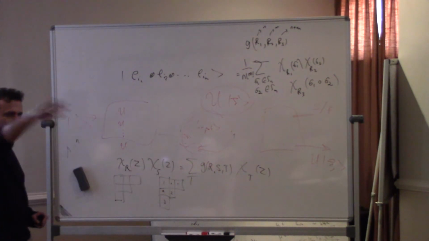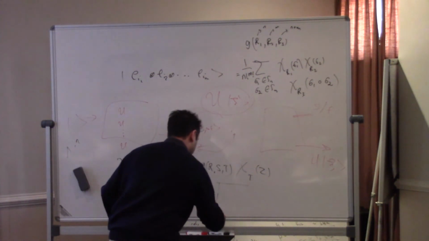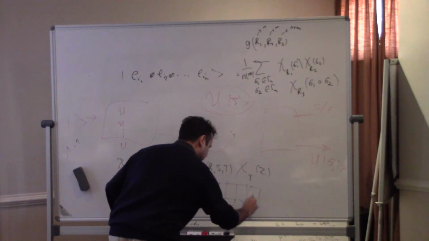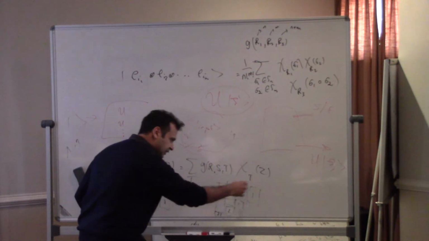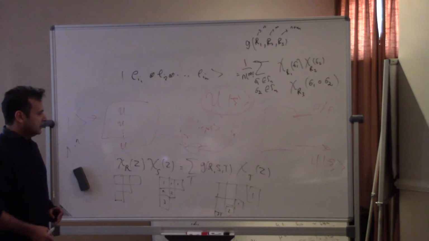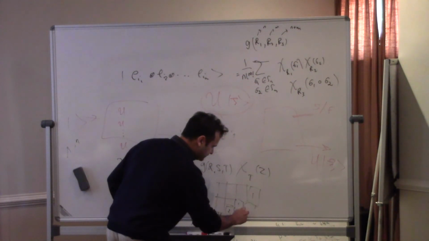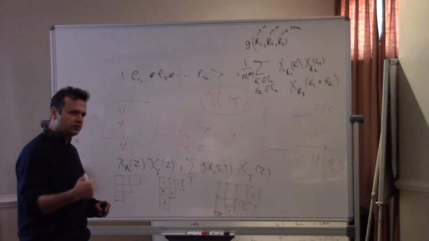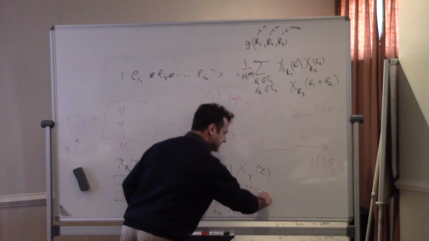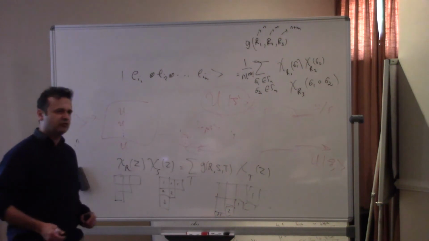So everything in the first row are ones, everything in the second row are twos. Then you stack it together with the first one. And the rule says that when you have done that, the numbers that you see here should satisfy two conditions. One is they should be weakly increasing along rows and strictly increasing down columns.